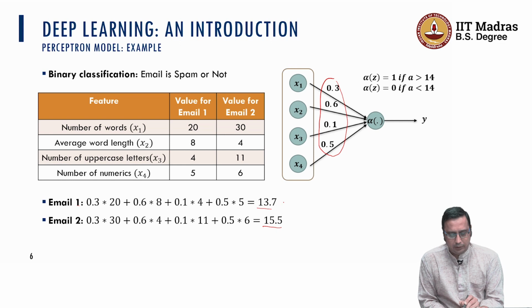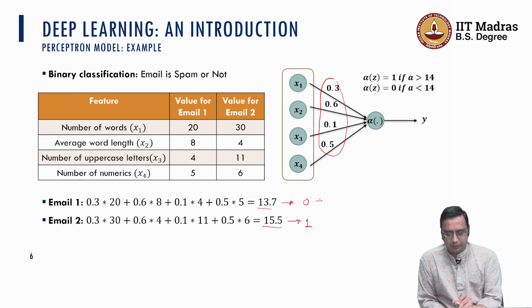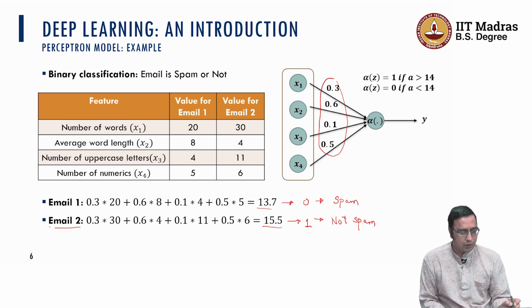So email 1 is 0, email 2 is 1. If 0 indicates spam email and not spam equals 1, then email 2 is not spam, email 1 is spam.